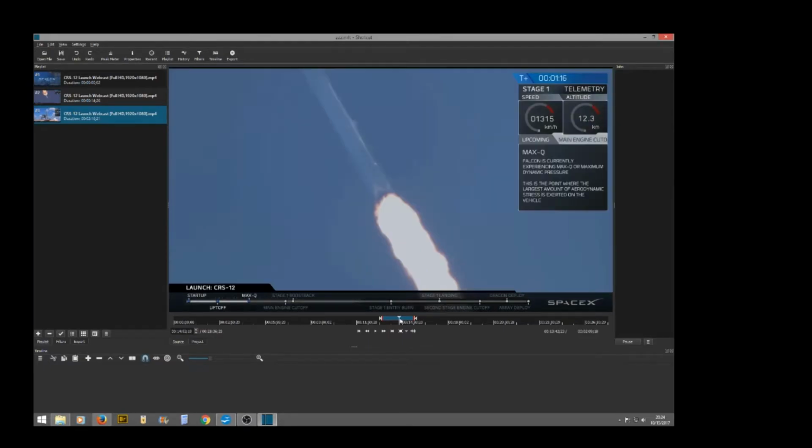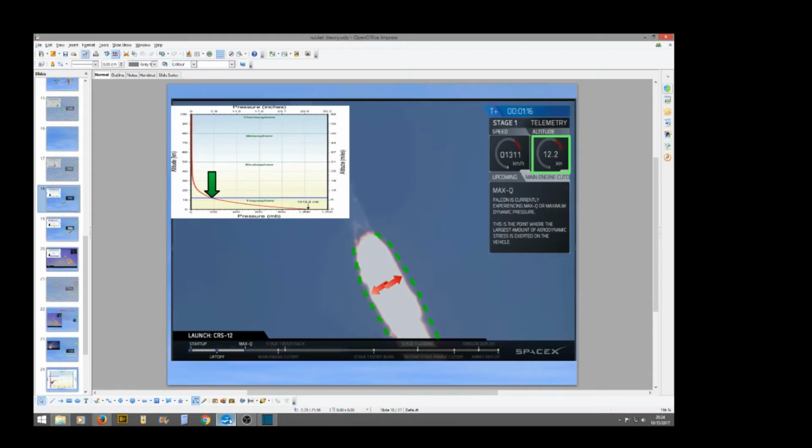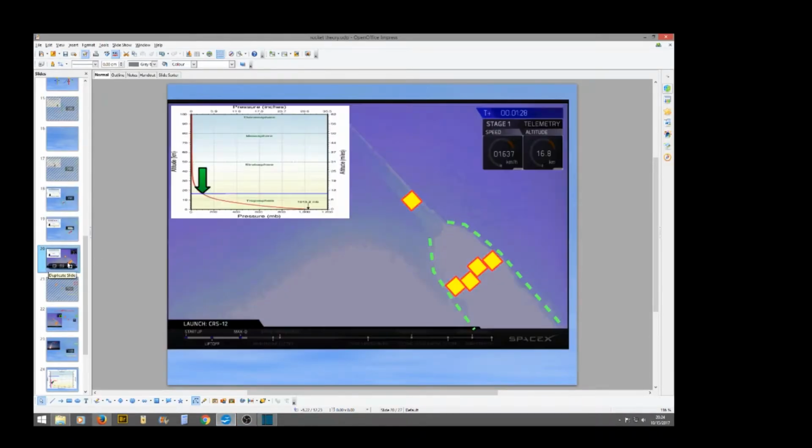9 kilometers, 12 kilometers, and here we have 16.1 kilometers, and I made an enhanced image of 16.8 kilometers. It was shot against the sun. I'm not sure if that was on purpose or not, but this is exactly the point where it gets extremely interesting.